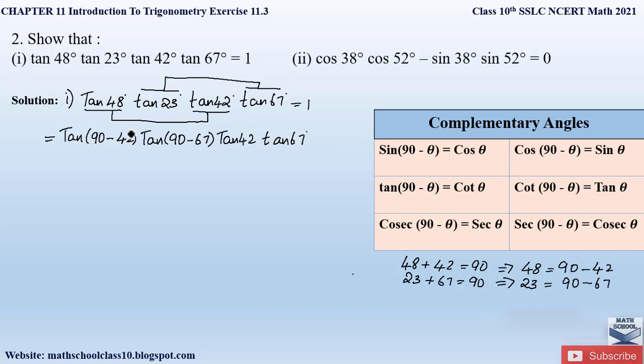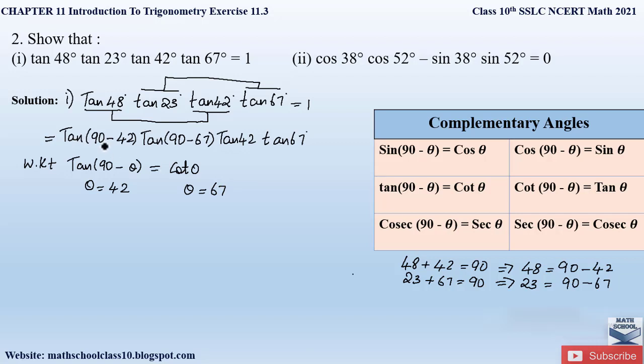What is the complementary angle identity for tan 90 minus theta? From the table you can observe that tan 90 minus theta is equal to cot theta. So let us substitute that. In the first case the theta value is 42, and in tan 90 minus 67, the theta value is 67.